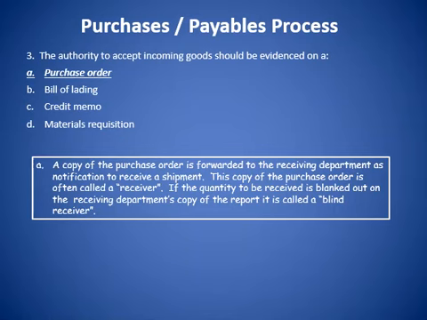The authority to accept incoming goods should be evidenced on a copy of the purchase order. Remember that a copy of the purchase order is forwarded to the receiving department as notification to receive the shipment.